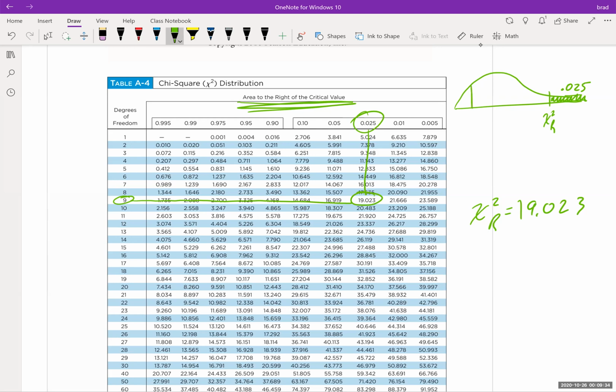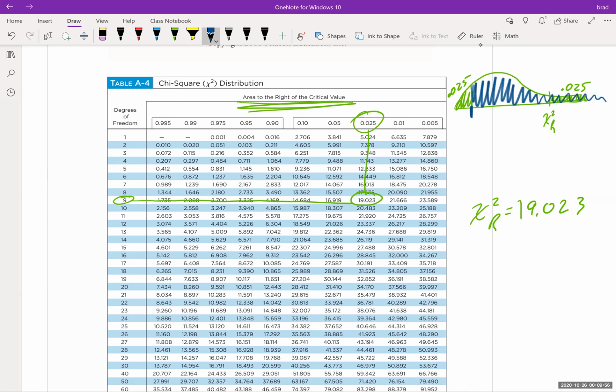Now we come over here. Now here's a problem because we know that this area here is 0.025, but the table doesn't work like that. The table doesn't do area to the left. So what we have to do is outsmart the problem. We have to say, okay, well, if there's 0.025 to the left, how much is to the right here? How much area is to the right?